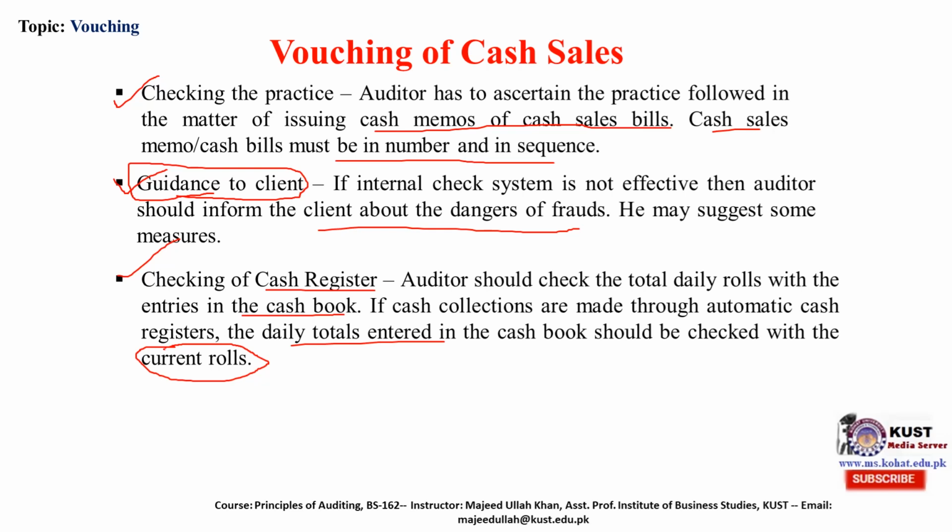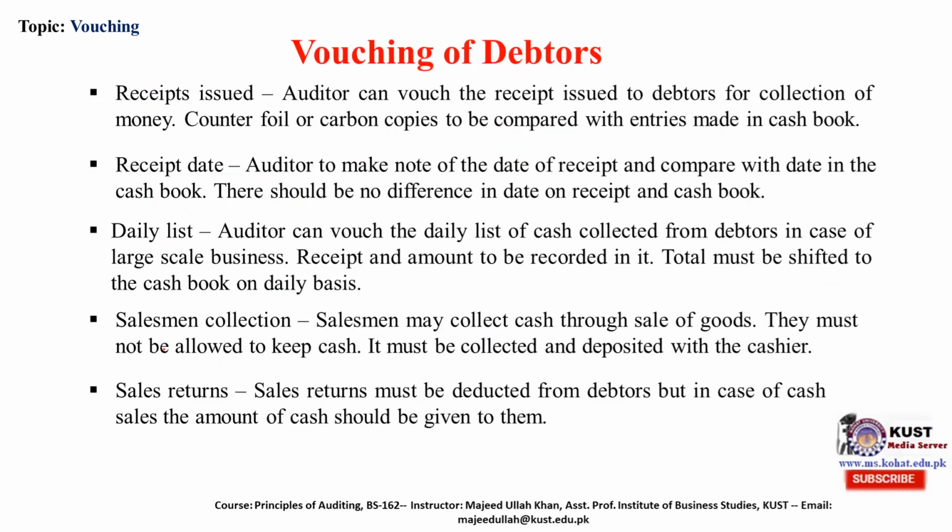So it is again checked against recorded documentation. Vouching debtors, to whom the company sells on a credit basis. Receipts issued: the auditor can vouch the receipts issued to the debtor for collection of money.